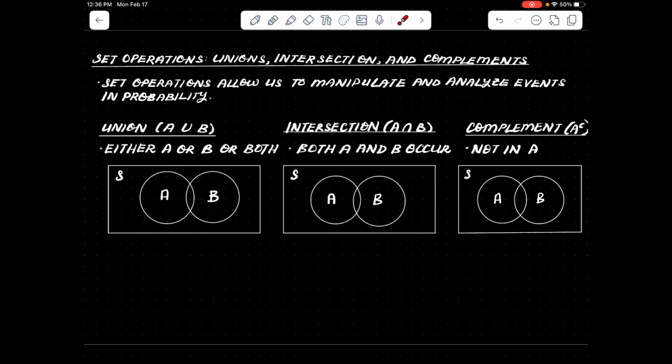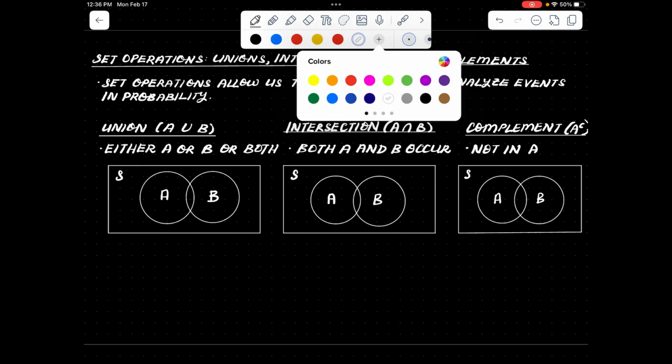So let's start off with the union of two events. The union of two events, which is denoted as A union B, represents the event that either A happens, B happens, or both happen. We can think of this in terms of a Venn diagram. So let me draw this out for you.